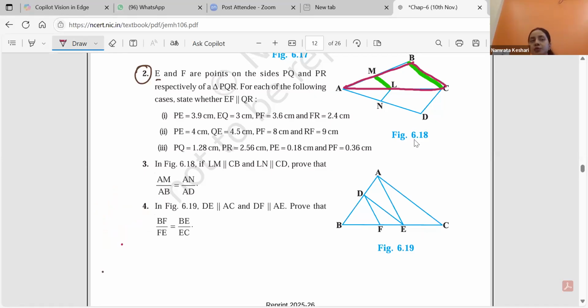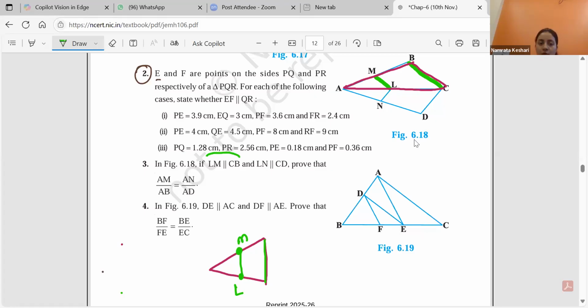The basic proportionality theorem, again I am reminding you, says that if there is a line parallel to one side of a triangle, intersecting the other two sides at two distinct points, then the other two sides will get divided in the same ratio. It looks like we are having a triangle like this, and a line parallel to one of its sides, intersecting the other two sides at two distinct points L and M, then the other two sides will get divided in the same ratio.